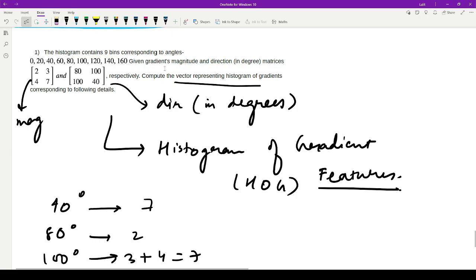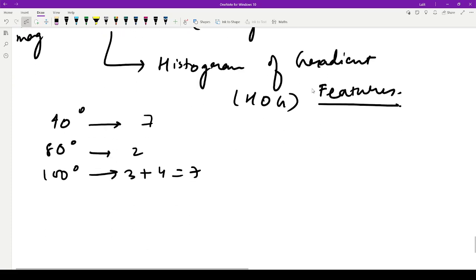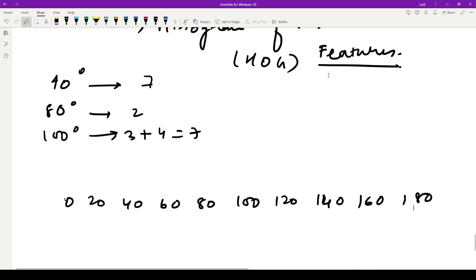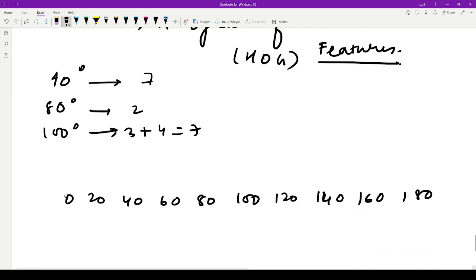So how will the vector look like? So your vector should represent these elements in this order. Okay, there's no 180 there.